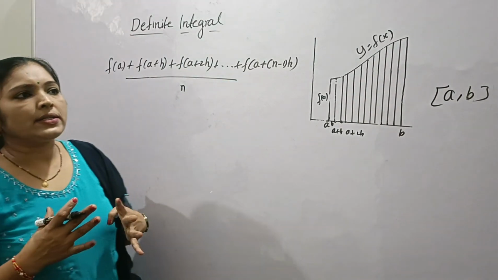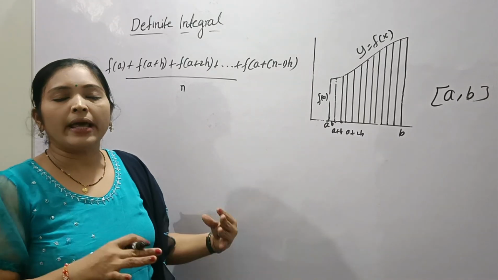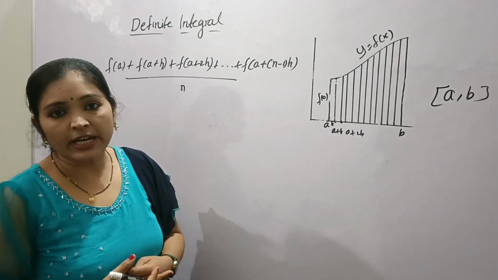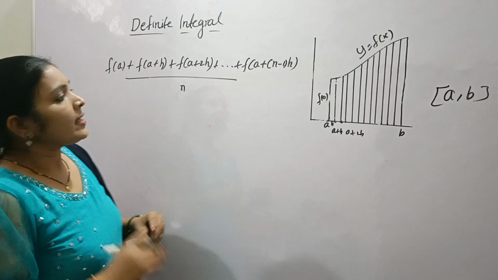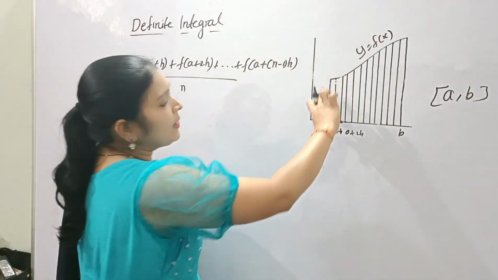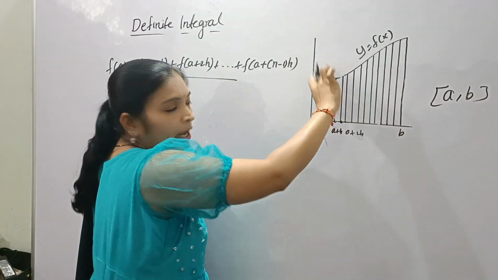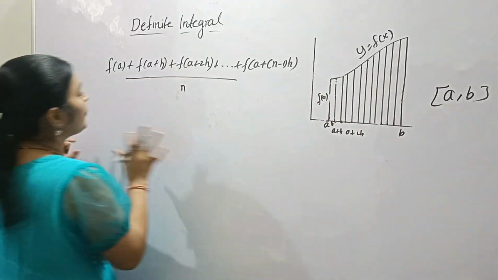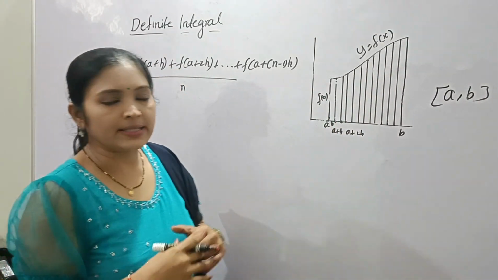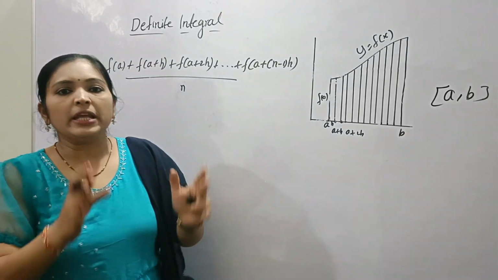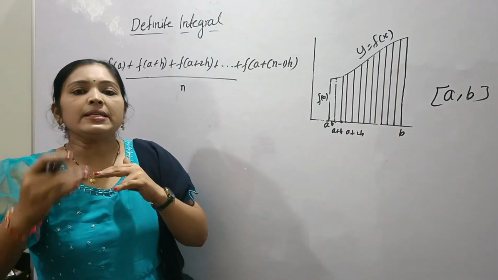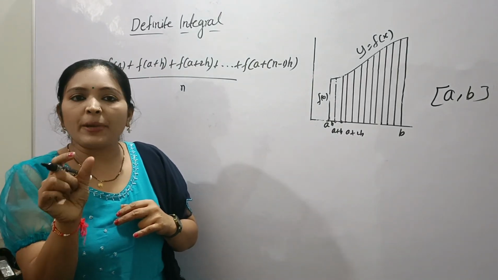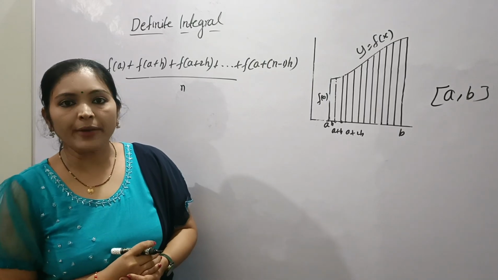Okay, so we know that area is length into width. The area of a rectangle is length into width, right? Here the length is the height. So what is the average height of this? We know that when n is increasing, we draw many rectangles, right? So when n is increasing, the length of the subintervals gets smaller.